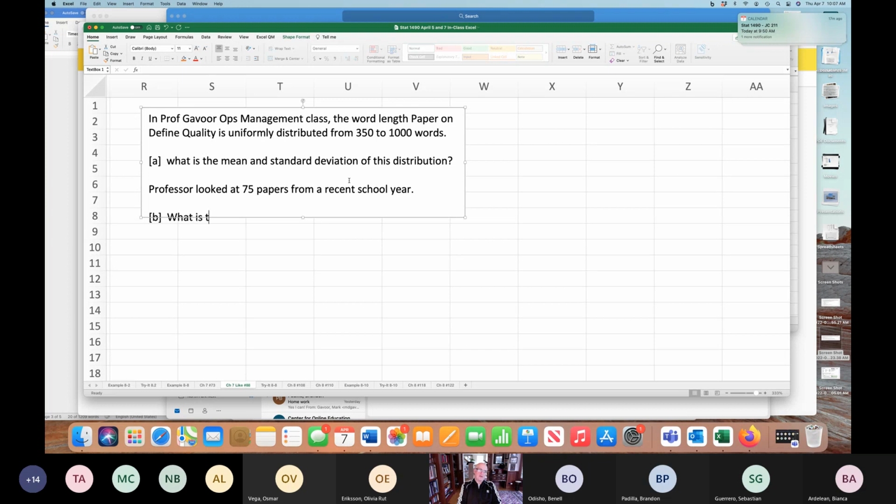What is the distribution of the means, of the average or mean word count? C, what is the distribution of the sum of the word counts?